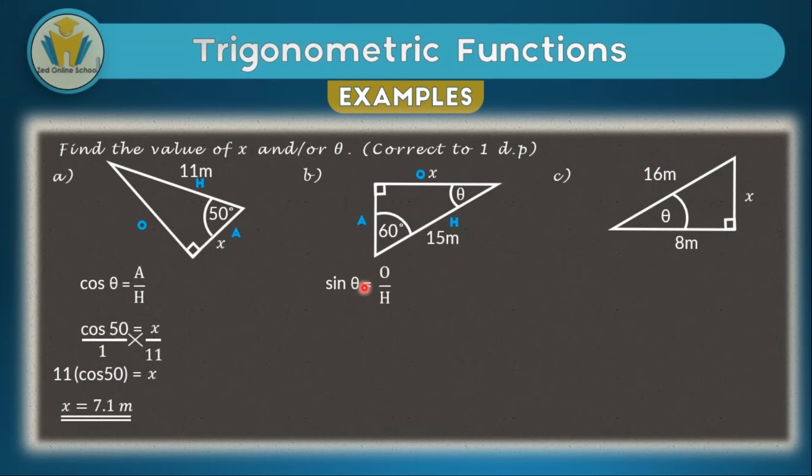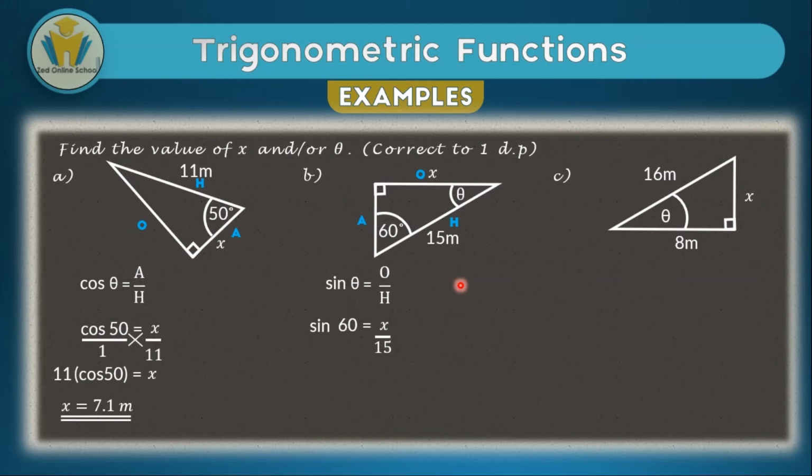Because sine theta involves the angle and the side we have, which is 15. We're going to substitute theta with 60, O with x, and h with 15. Therefore, you can see that the only unknown thing we have is x.